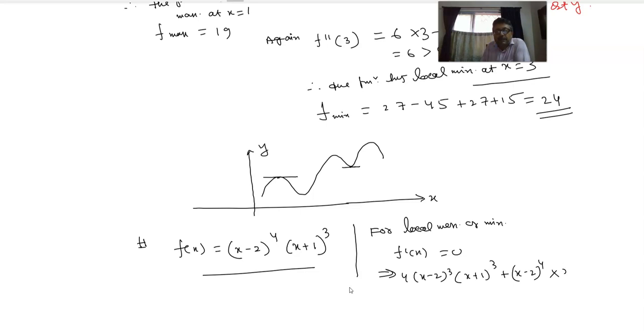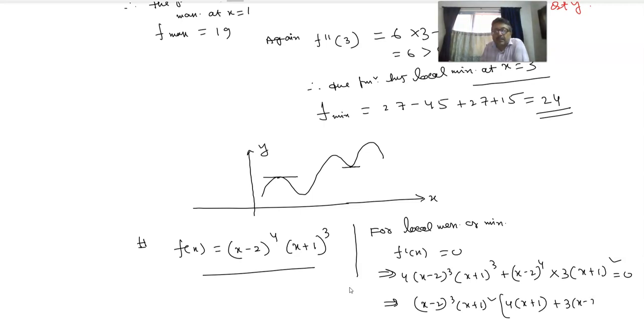So this implies (x minus 2) to the power 4... four into (x plus 1) plus, alright, into this will be 7x minus 2 equal to 0.